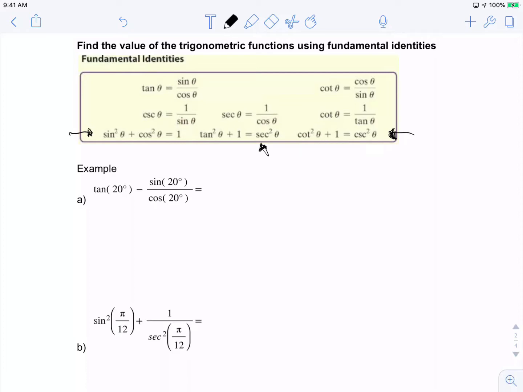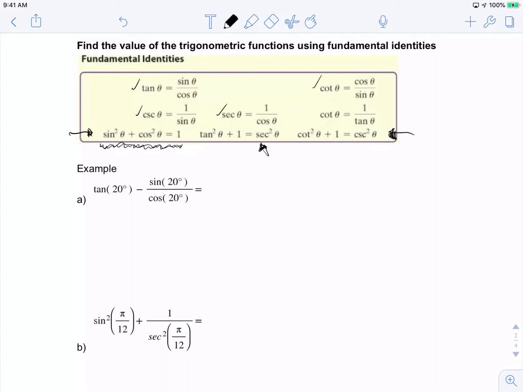I'll show you a trick next time. If you know this one, we can get all of the others. So knowing that one should suffice to get the other two. But the ones above, those ratios, you need to know. You should memorize this, this, this, this. And if you remember that cotangent is just the reciprocal, that fifth one isn't that big a deal, but the other four you definitely need to know.